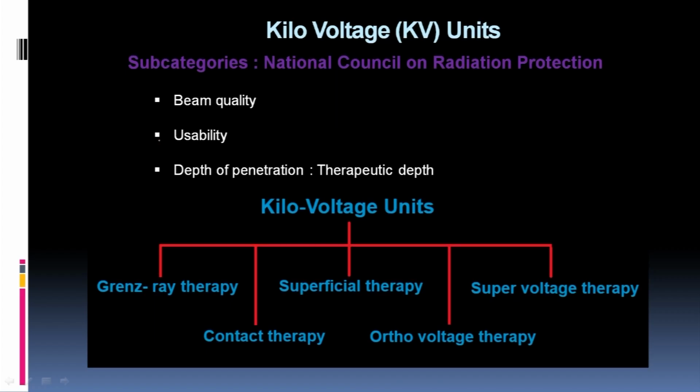Now kilovoltage units are subcategorized by the National Council on Radiation Protection based on their beam quality. Now what is beam quality? Beam quality is the radiation quality which describes the energy, the half value layer, and their scattering and absorption. All these parameters are considered to define the beam quality.